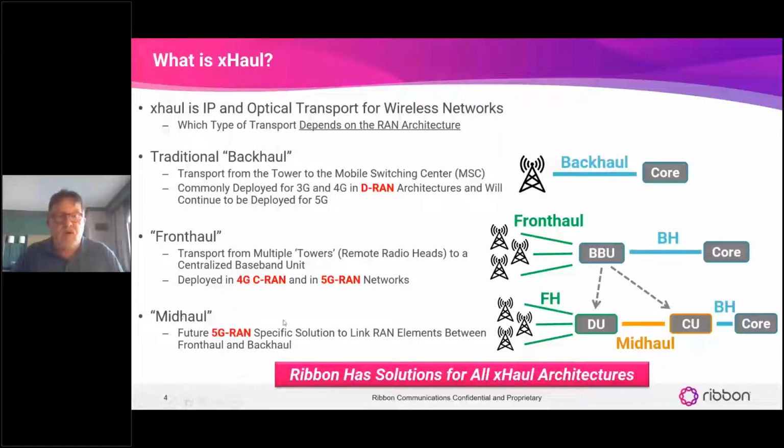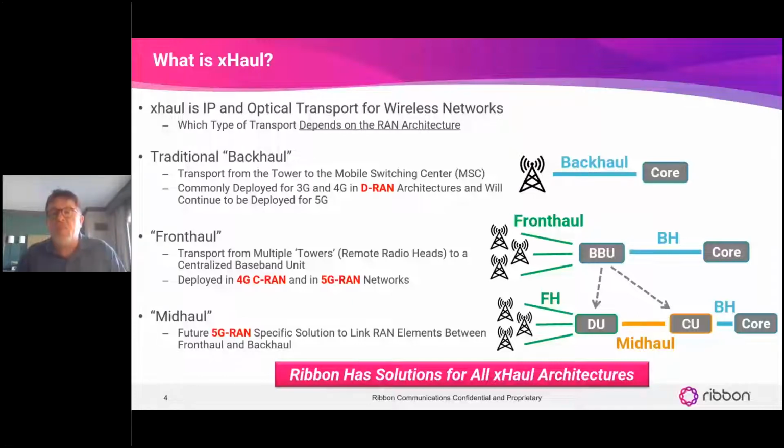Now, moving down to mid haul, this is really specific to 5G RAN solutions. This is where we take the BBU and we split it into two separate devices, again, to give us the leverage, if you will, of serving one to many, right? One device to many subtending devices.